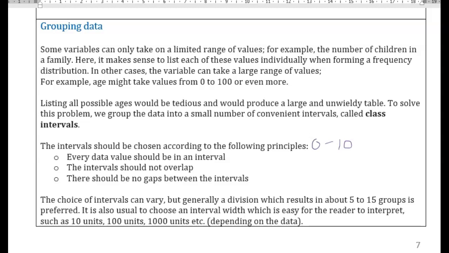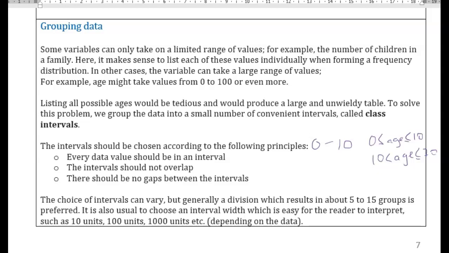If so, you can write that as age is between 0 and 10. So we're including it here. But on the next interval, we're not including it. So you can see 10 is included there, but we're not including it here. So 10-year-olds aren't included twice.